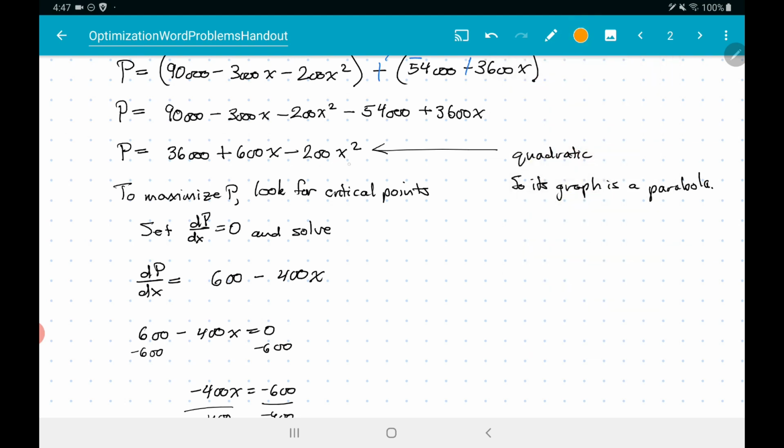You find the quadratic term and look at its coefficient. If the coefficient, that's called the leading coefficient, is negative, the parabola opens downward. If it's positive, the parabola opens upward. This opens downward.